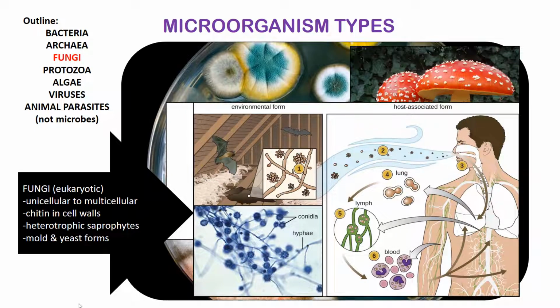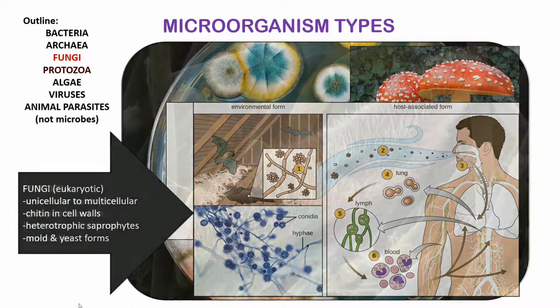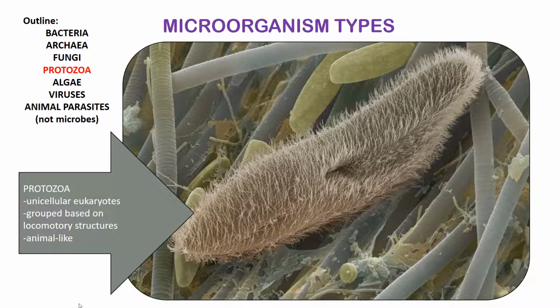And again, they can also exist in two forms. The mold, as you can see here, is an environmental form. And the yeast, when they are associated with hosts. Next, we have protozoa. Like the fungi, they are also eukaryotic but still single-celled. They are categorized based on their locomotory structures. In this case, cilia is the locomotory structure of the paramecium.